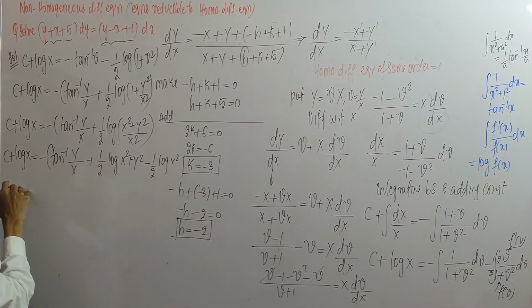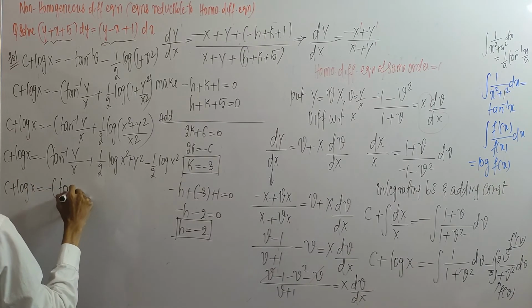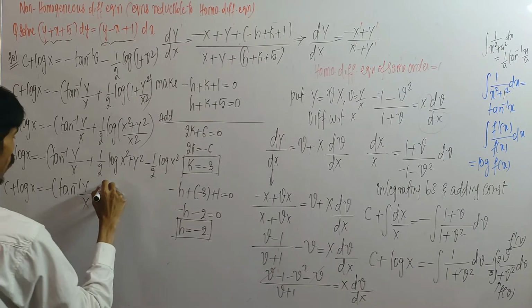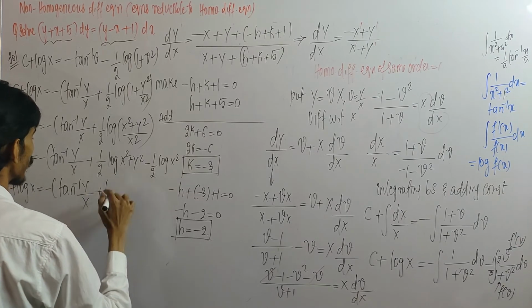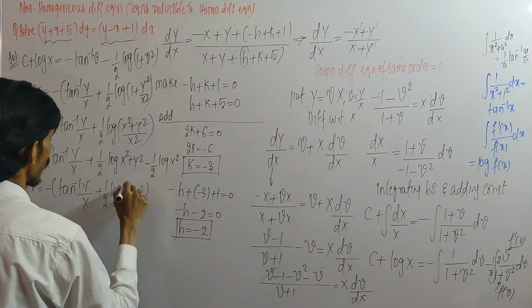So here I have c plus log x is equal to minus tan inverse y by x plus 1 by 2 log x square plus y square.